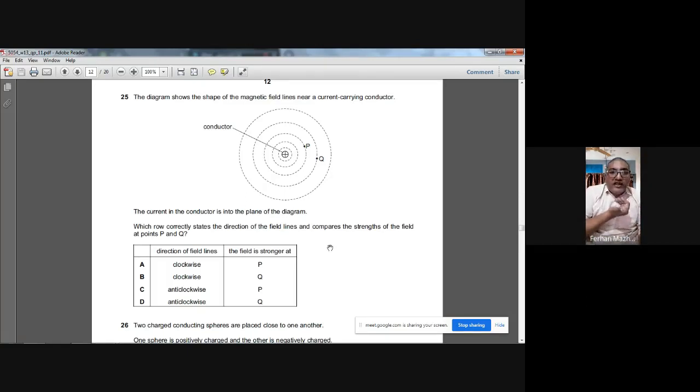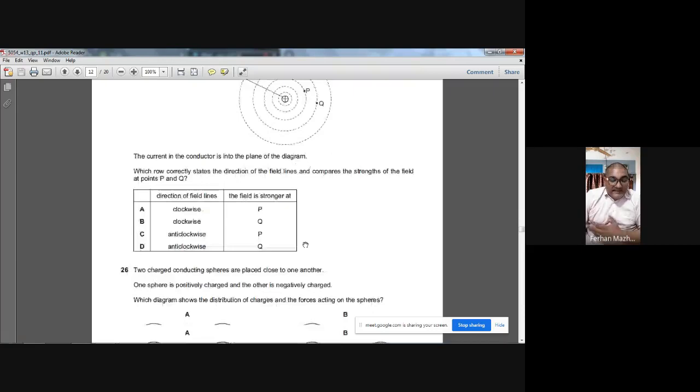Because it is going into the screen, the curves, if you look from my side, are in the clockwise direction. The magnetic field will be strongest when you are near the wire. So at point P, the magnetic field will be strongest. So the choice is A.